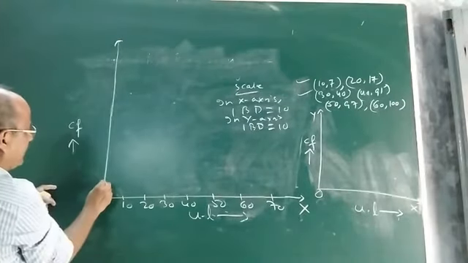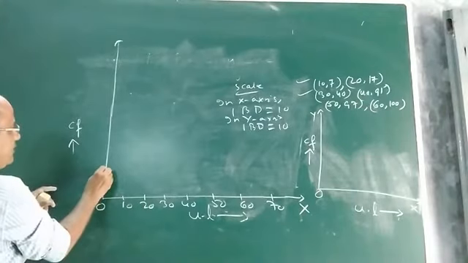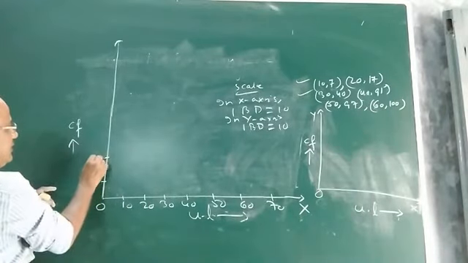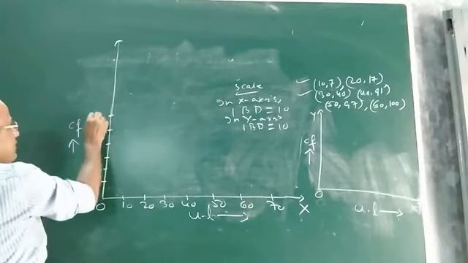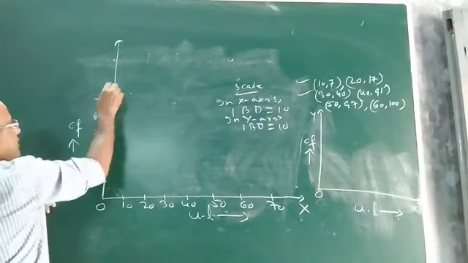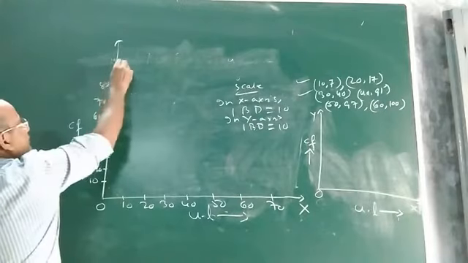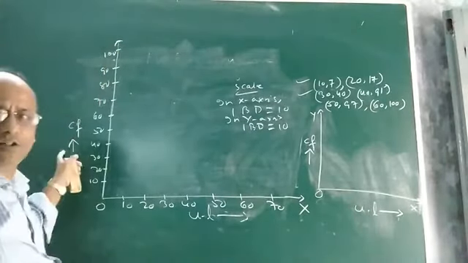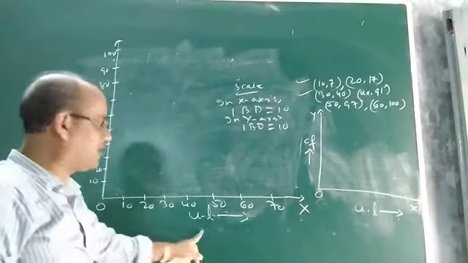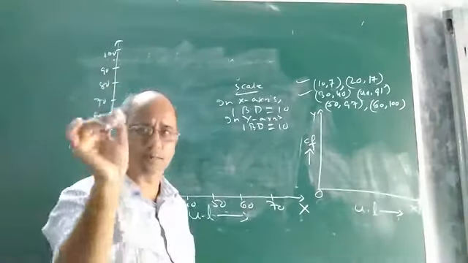One big division is 10, so this is 10, 20, 30, 40, like this it will continue, 50, 60, 70, 80, 90, 100. Now I have plotted all the cumulative frequencies along the y-axis and the upper limits along the x-axis on choosing an appropriate scale.